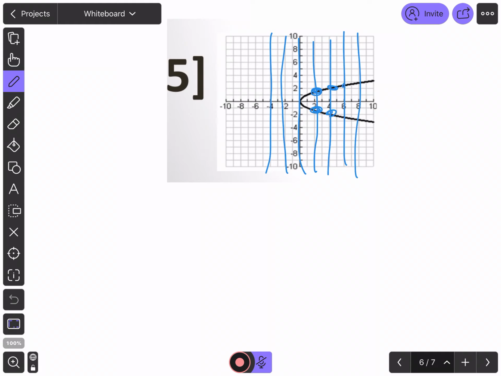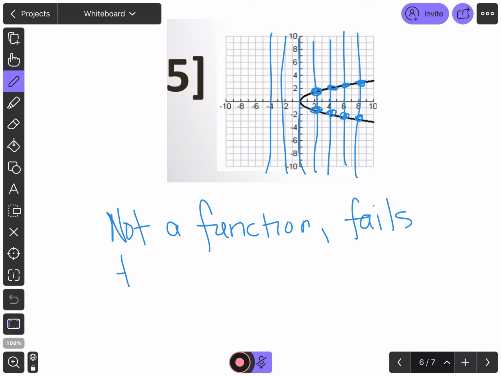As you can see here, these vertical lines are touching the graph twice. Because they are touching more than one time, this is not a function. It fails the vertical line test.